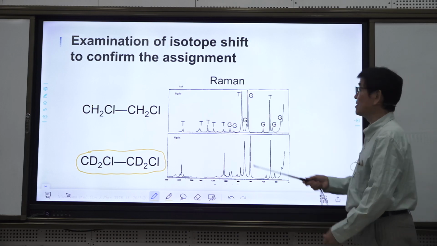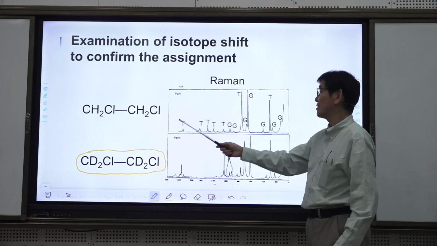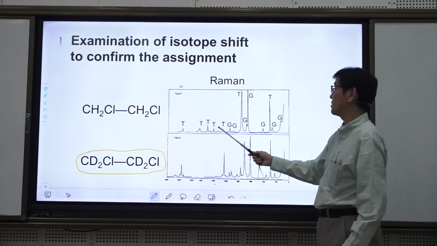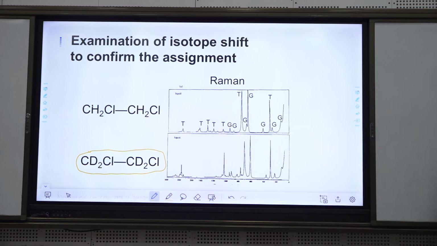So this is the Raman spectrum. According to the calculation, each mode is assigned to trans, gauche, trans, like this.